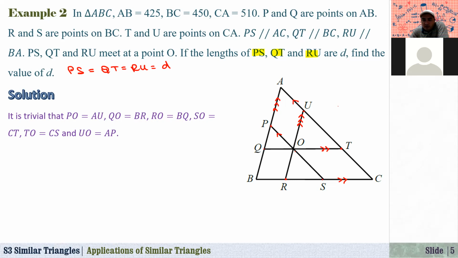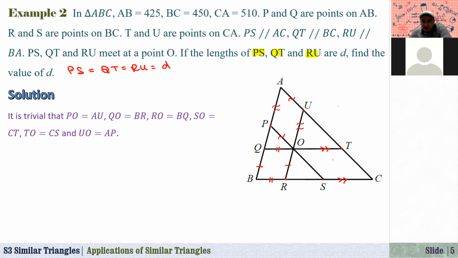At the same time, if you look here, we have QO equals BR, and QOBR is also a parallelogram. That means this side is equal to this side, and this side is equal to this side.